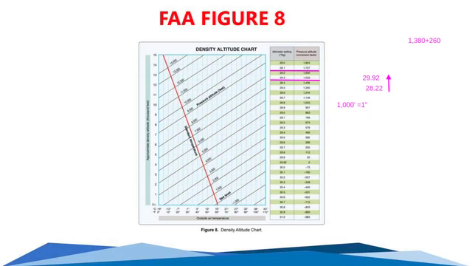Looking back at the question, we are determining the pressure altitude with the indicated altitude and standard temperature. Standard temperature is 15 degrees Celsius or 59 degrees Fahrenheit. So I'm going to find 59, and draw an arrow infinitely up vertically. Then from that point, I need to figure out roughly where 1600 or 1700 feet are.